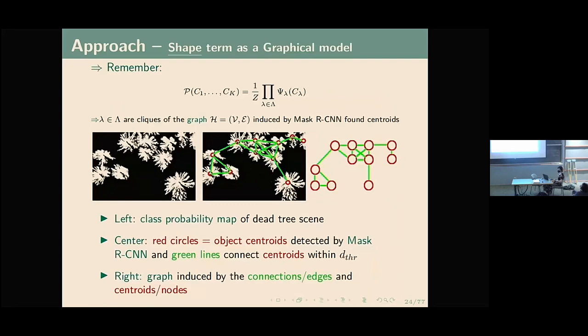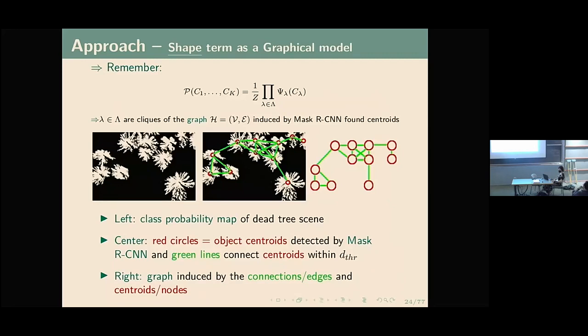Now consider the forest scene as follows here, which is full of dead tree crowns. So we're looking for many contours. In the next image, the red circles represent centroids of tree crowns found by the Mask RCNN. Then we can add an edge representing the dependency between two contours if the distance between their centroids lies below a threshold.